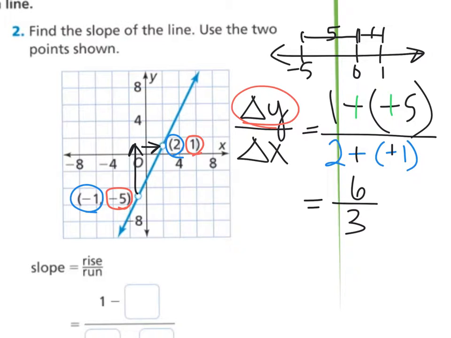Or you could think about on a number line, how do we get from -1 to 2? -1 to 0 is 1, 0 to 2 is 2, 1 plus 2 is 3. So we went up 6 and over 3, and 6 divided by 3 is 2. Our slope is 2. It looks like a positive slope from the graph, so that's a good sign there. So 2 would be our final answer for this problem.